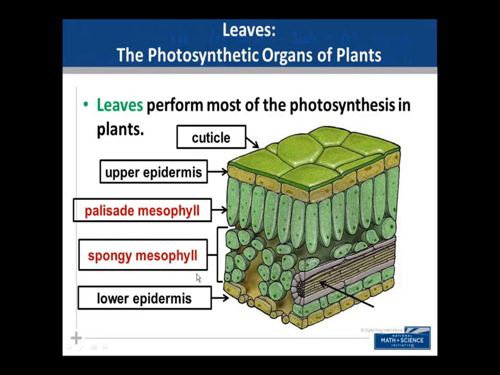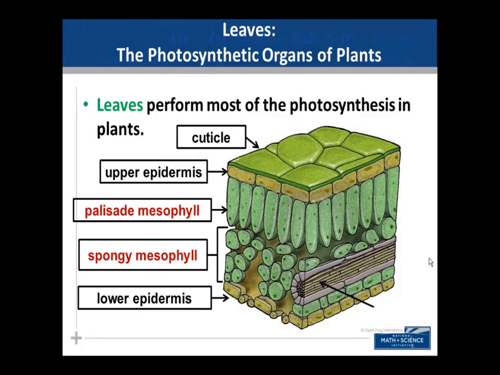Here we see, as I just revealed, the spongy mesophyll. Hopefully you can see a difference between the palisade mesophyll and the spongy mesophyll layers. The key thing that should be jumping out at you is the spacing between the cells. In the spongy mesophyll, the cells are much more spread out.